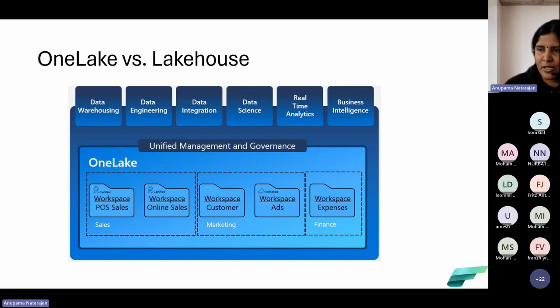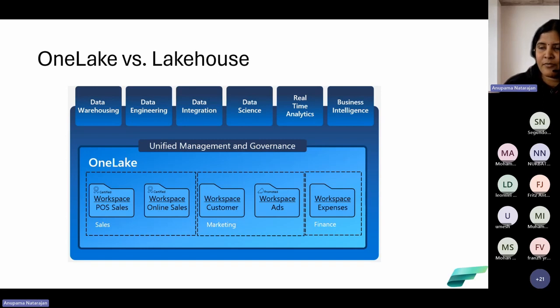For instance, you may have OneLake as a total, but then you will have sales, marketing, and different workspaces within sales. So as you can see, OneLake can have lakehouses, and you can have workspaces and lakehouses within each of those workspaces. One thing to notice is they're all sitting in the same physical OneLake, and each lakehouse can have its own artifact.